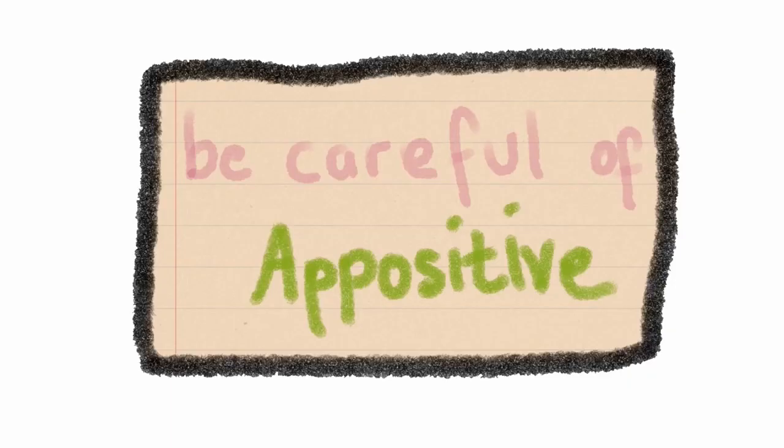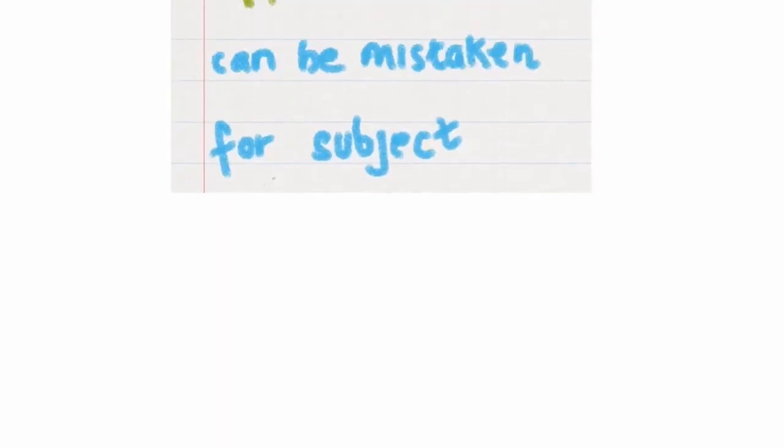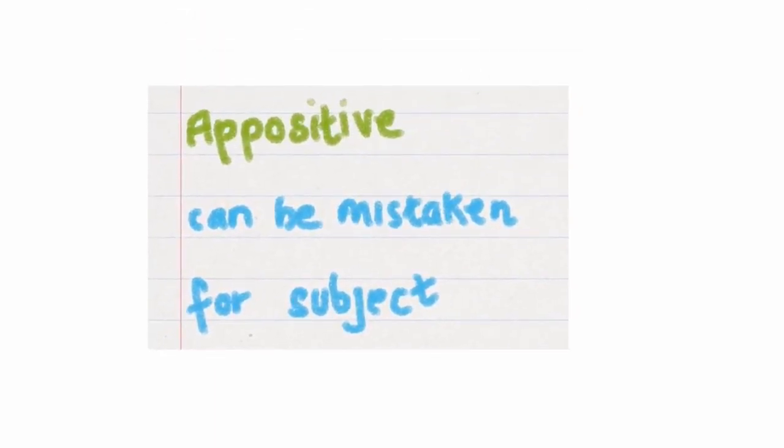Now we'll discuss why you need to be careful of appositive. Appositives can cause confusion in a sentence because an appositive can be mistaken for the subject of a sentence. An appositive is a noun that comes before or after another noun that has the same meaning.